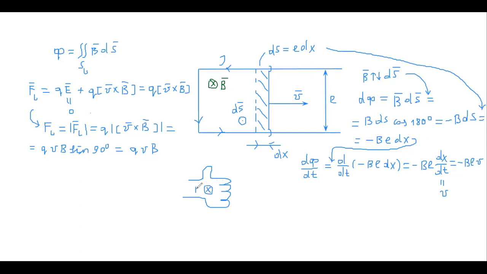Vector B is to the palm of the left hand, and vector V, the vector of velocity, is here.